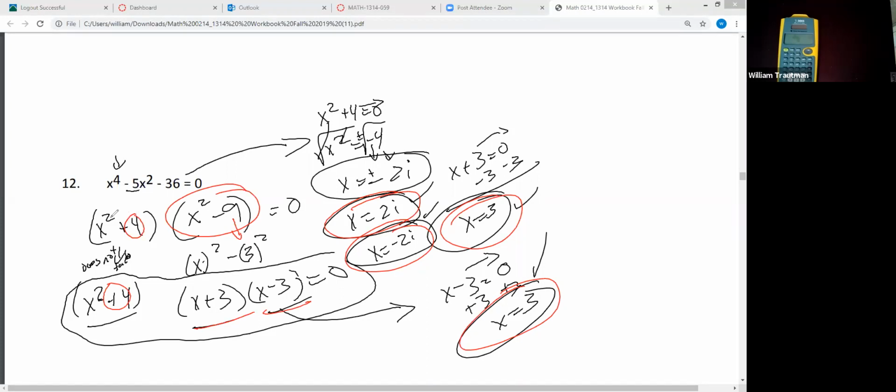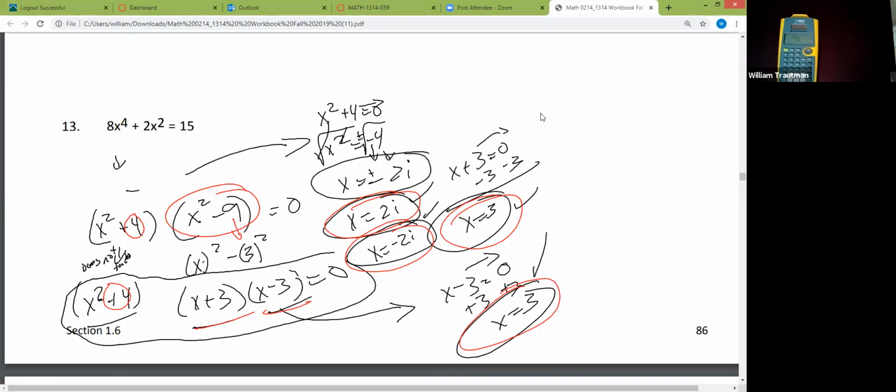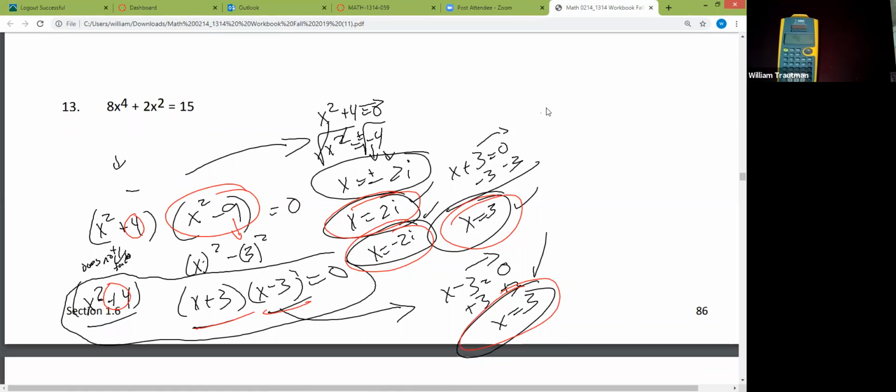I'm not going to do problem 13. Let me just take a quick look at it. I mean, this was a long enough section. Yeah, you have to use the AC method to factor that. Good luck. Yeah, we're not going to have anything like that on the test.